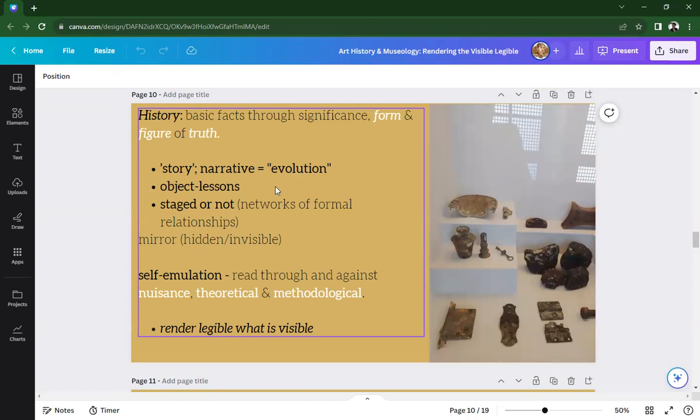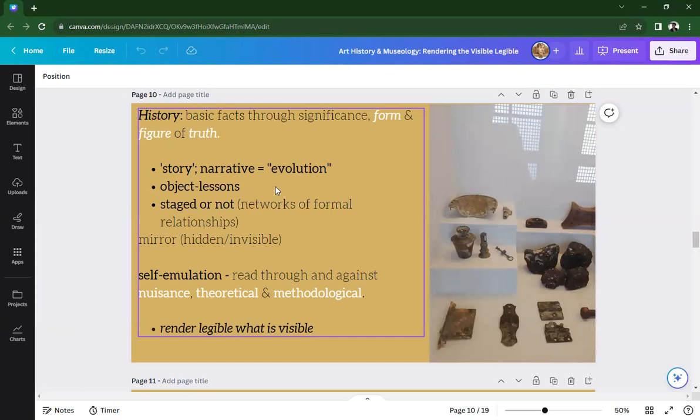And whether it is staged or not, these networks of formal relationships have a mirror, be it hidden or invisible, in a self-emulation process through the reads of, read through and against nuances, theoretical and methodological aspects.